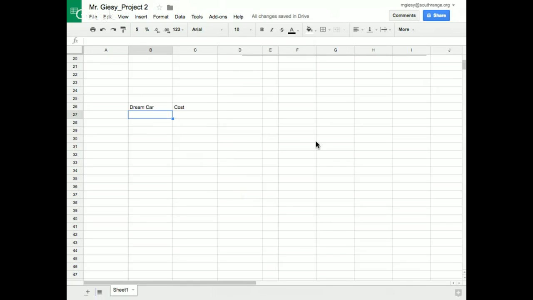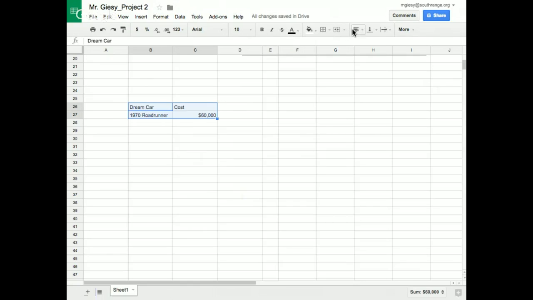Dream car, mine is a 1970 Roadrunner. And this summer, one went for, and this is the class of the class, about $64,000. I'm just going to put $60,000 in there. Now I want to center all this stuff and put borders, so I'm going to highlight it all.